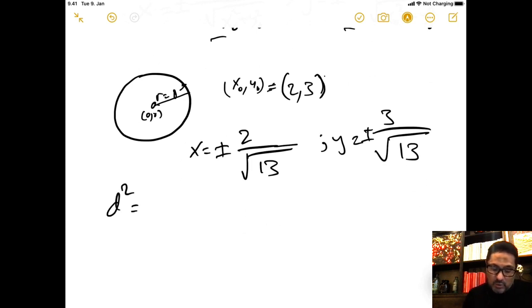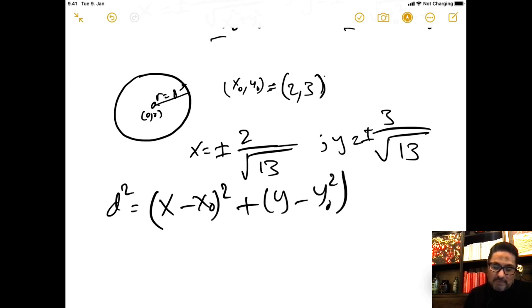So distance squared equal to, we said that it is x minus x0 squared plus y minus y0 squared. Okay, now if you substitute with this x, it will be 2 divided by square root of 13, this is x, and x0 is 2, so it will be 2 divided by square root of 13 minus 2, squared.